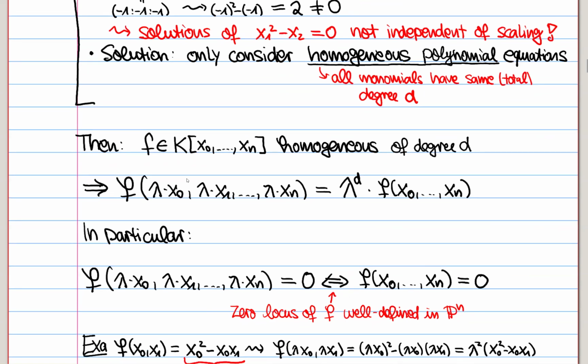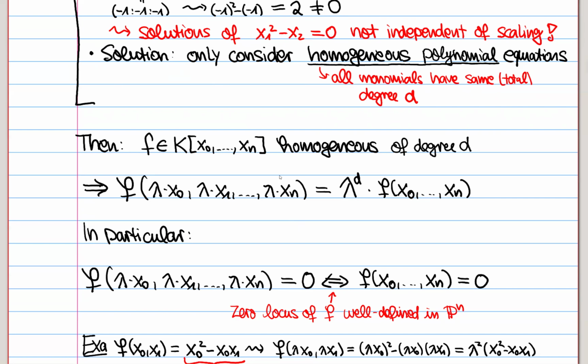So if f is a polynomial homogeneous of degree d, then what happens if we do some maneuver like this? If we scale all of the coordinates by the same lambda, in fact, you can also define being homogeneous as saying that multiplying all coordinates by lambda is just the same thing as drawing out one common factor lambda to the d. Because if you have these monomials of total degree d, then you get exactly d factors lambda in all of the monomials, so you can draw it out.